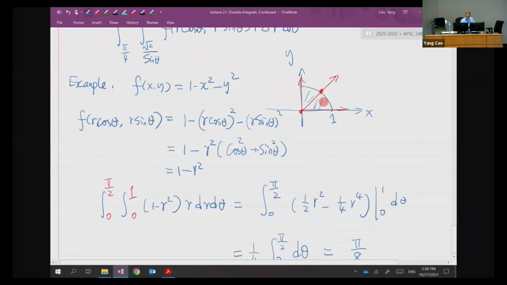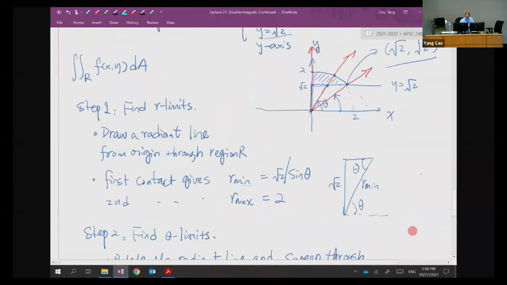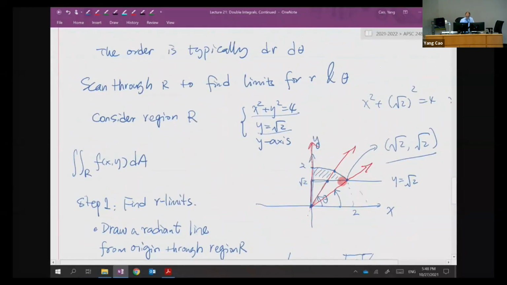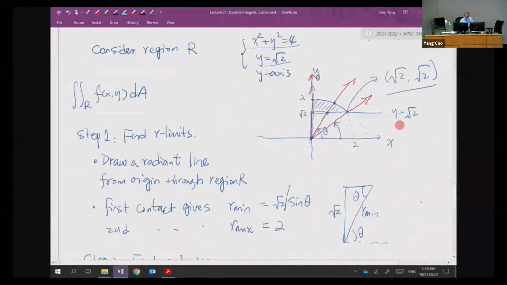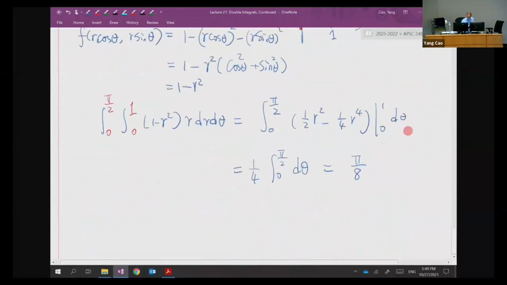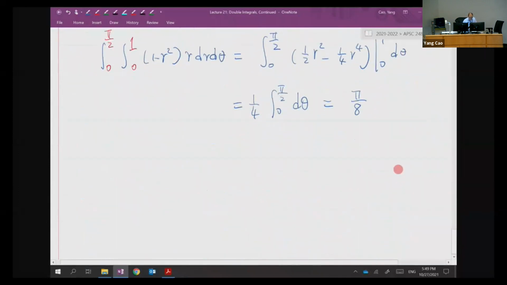When you have a circle involved here, and like this case, you also have a circle, part of the edge or boundary is a circle for the region R. So in those cases, you have a better chance of getting an easier computation using polar coordinates than Cartesian coordinates. Okay. So let's take a look at one more example here.